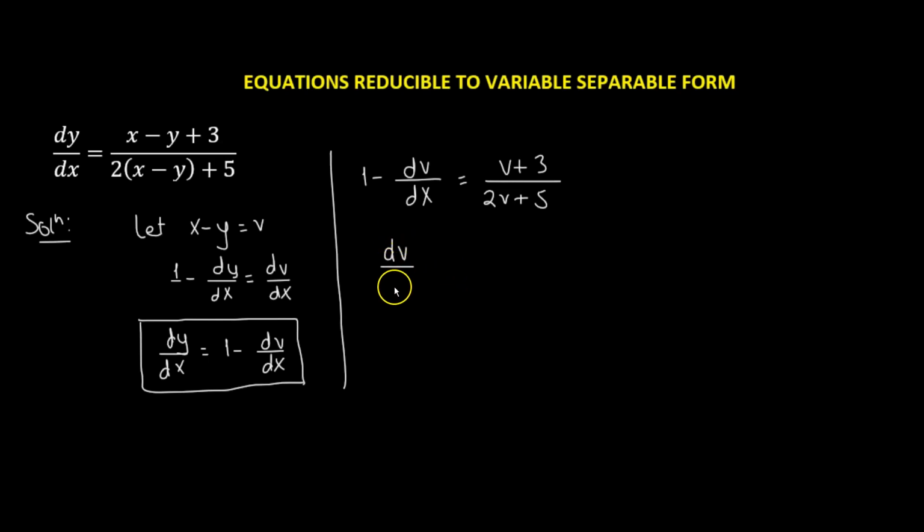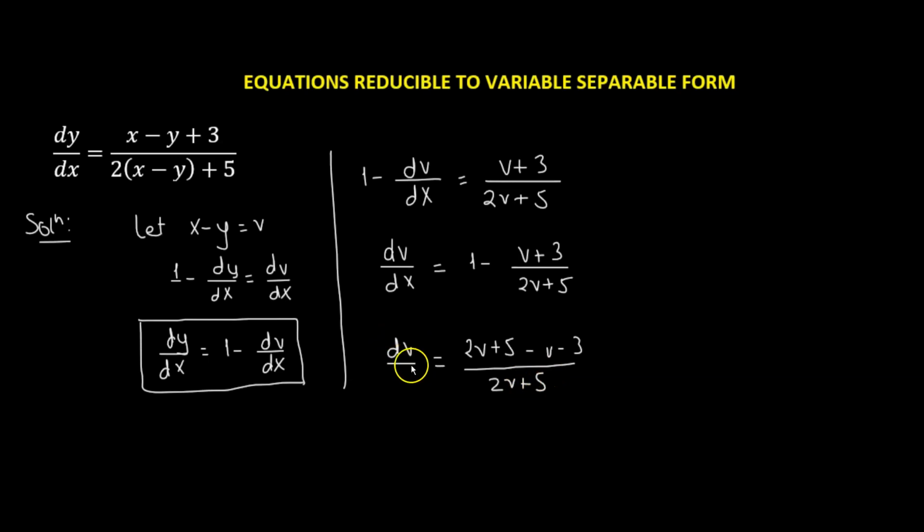So now we have dv over dx equals 1 minus (v plus 3) divided by (2v plus 5), which is equal to (2v plus 5 minus v minus 3) whole divided by 2v plus 5. So this is dv over dx.